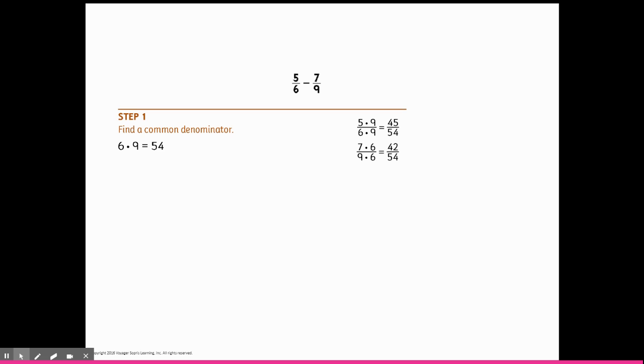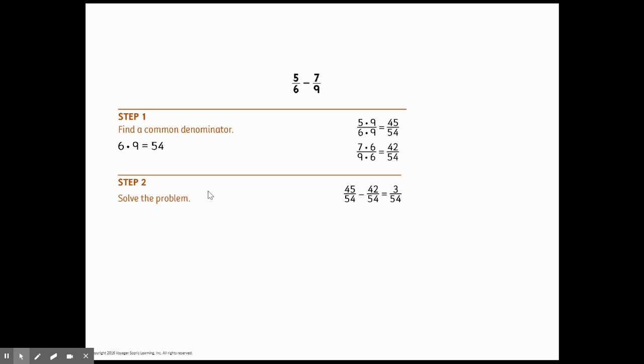Now we subtract to solve the problem. We get 45 over 54 minus 42 over 54 equals 3 out of 54. The denominators were the same, so we were able to just subtract the numerators.